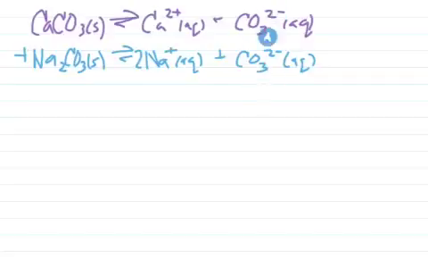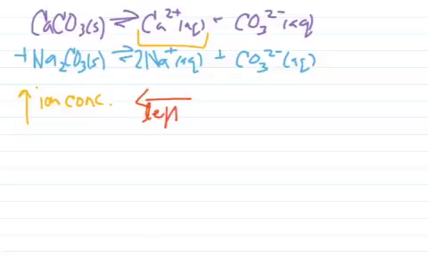So we're adding more of the carbonate ion. Calcium 2 plus right here, if you remember, is neutral because it's from a strong base. So right now we're going to increase the ion concentration. So when we increase the ion concentration, what's going to happen? Well, the reaction is going to shift left. So we're going to go left, and solubility is going to decrease.